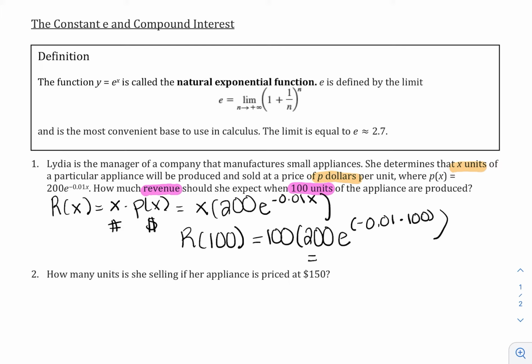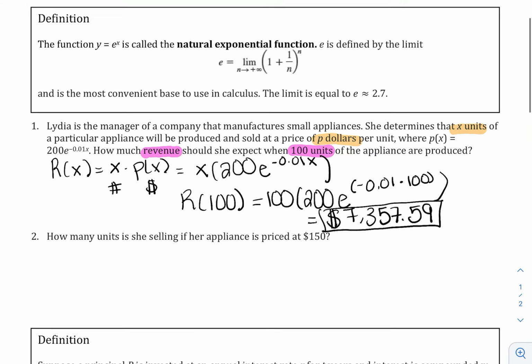It will give you, and this is money, and money always gets rounded to the nearest hundredth, her revenue is going to be $7,357.59. So always remember money, 2 decimal places.